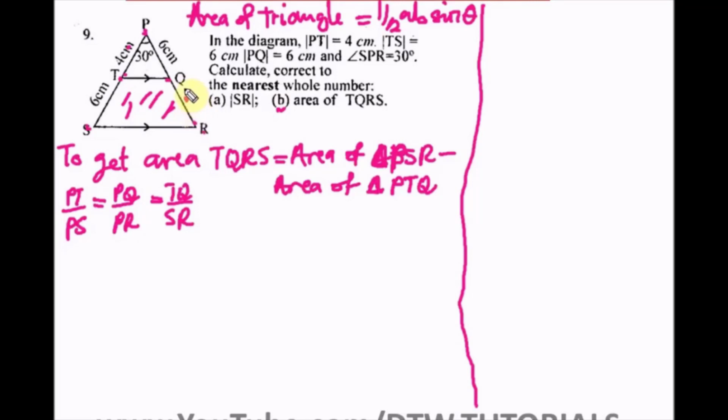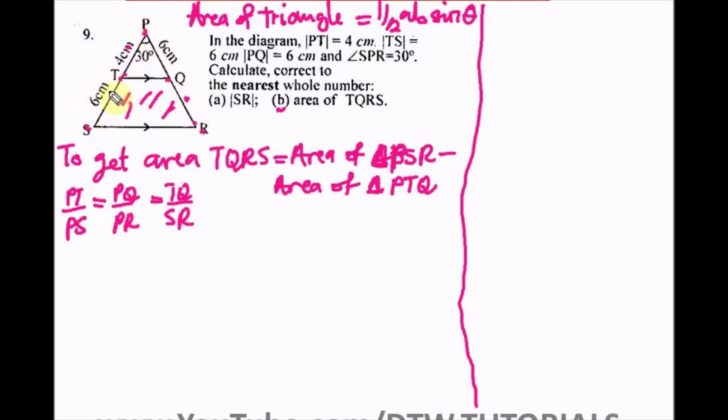All right, to get QR now, let us use this as the formula for similar triangles. We can use PT over PS equal to PQ over PR. Now in maths you have to be quite smart and you have to know how to manipulate, which is very, very key in maths. PR here is equal to PQ plus QR.